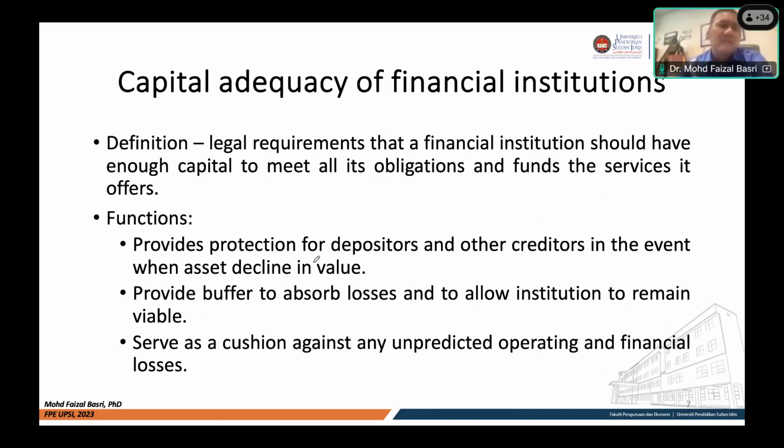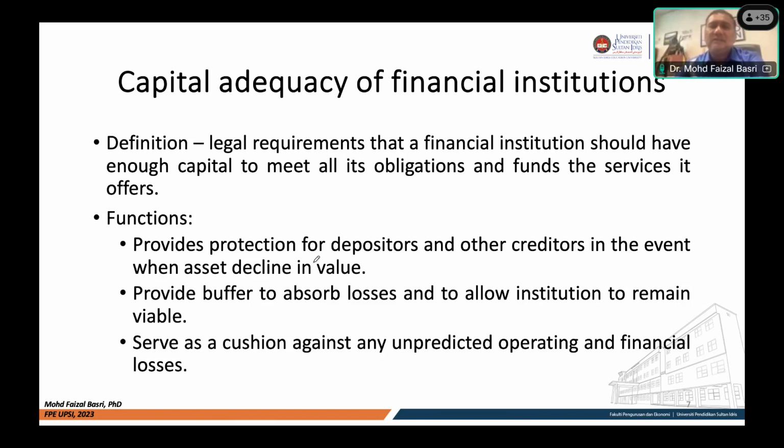Either the interest rate risk, or the interest rate itself can cause the asset to decline in value. The currency exchange also can cause the assets to decline in value, especially if they have assets overseas. So that's number one. Number two, to provide a buffer to absorb losses and allow institutions to remain viable. And lastly, to serve as a cushion against any unpredicted operating and financial losses.